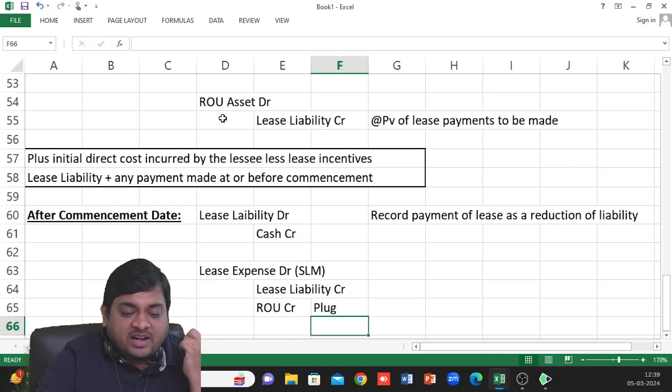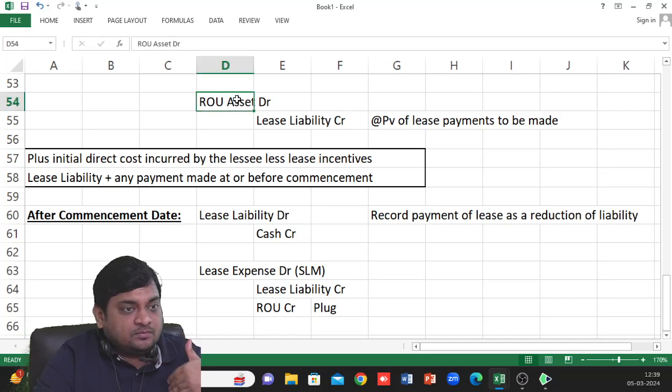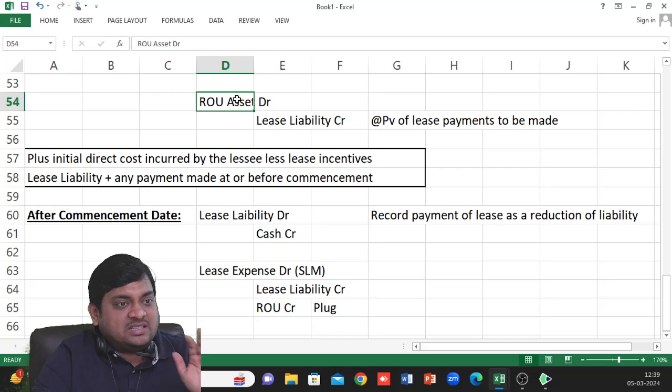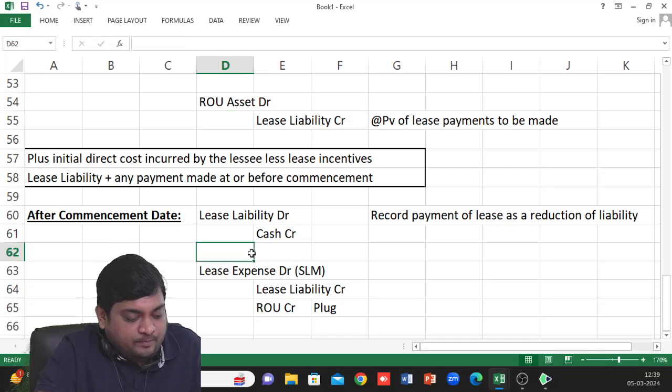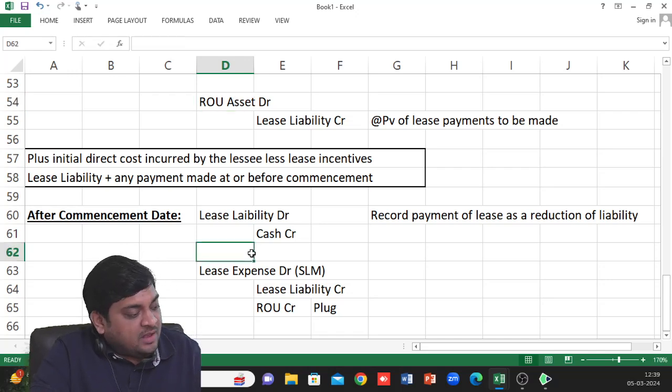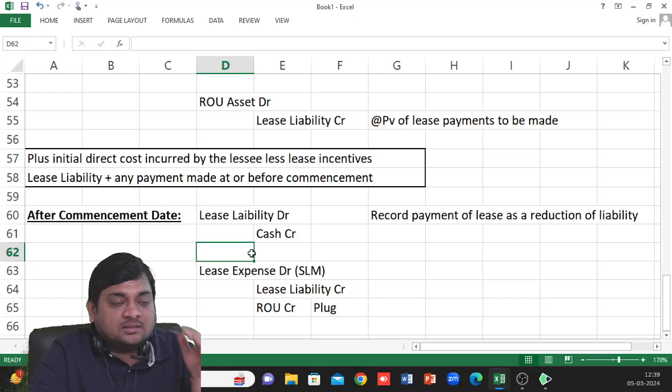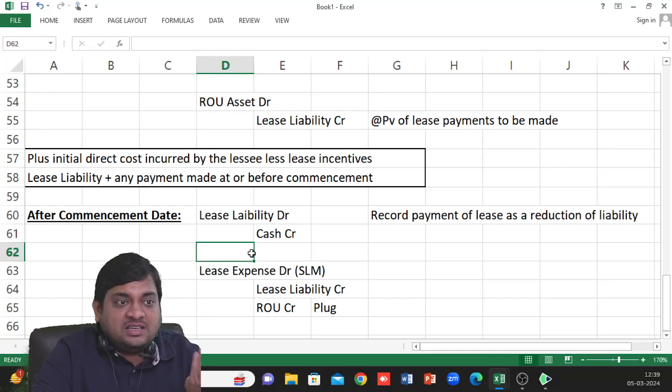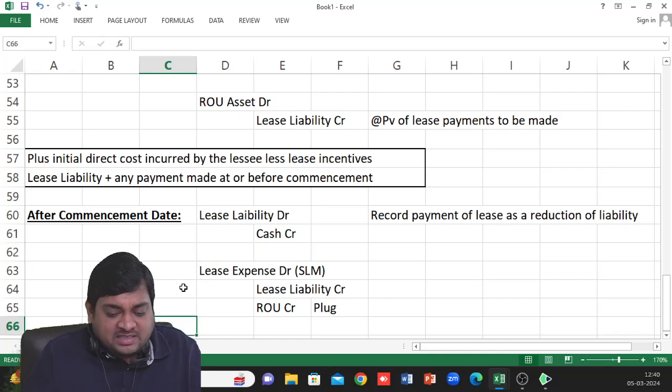Because initially I have treated it as an asset, slowly I will show it as an expense, right? Now I will show you an example so that you can get things in a much easier way. Let me just show you an example.